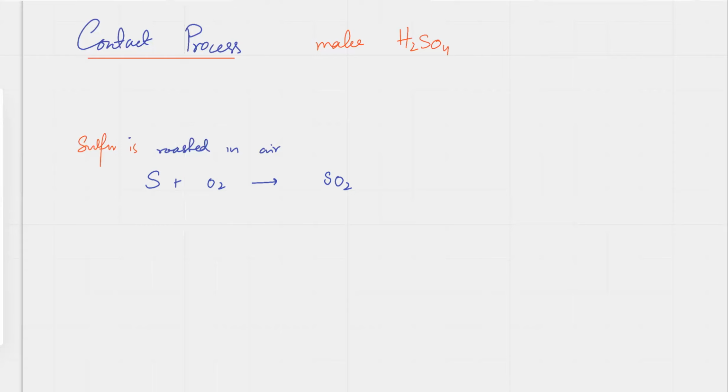Where do you get sulfur? Sulfur is obtained from various sources. As a raw material, it is present in a lot of fossil fuels. Like if you burn coal, that's got a lot of sulfur in it.